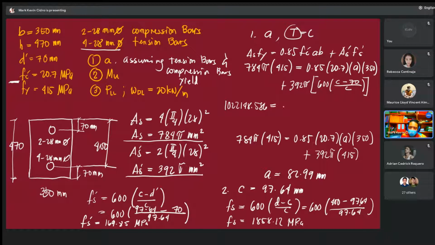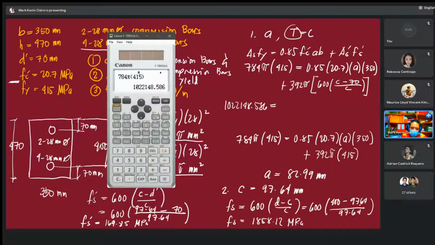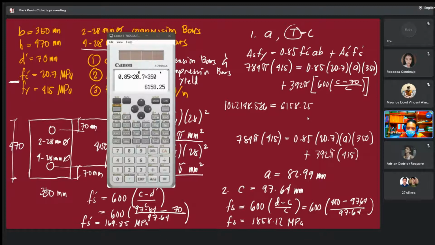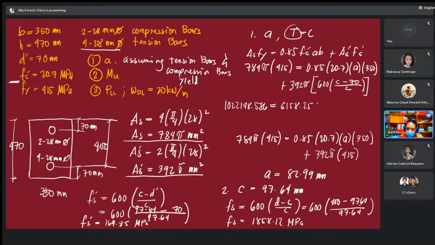This is equal to, simplifying also, 0.85 multiplied by fc', which is 20.7, times 350. The result is 6158.25, multiplied by a. But a I express in terms of c, and this is beta 1 times c.